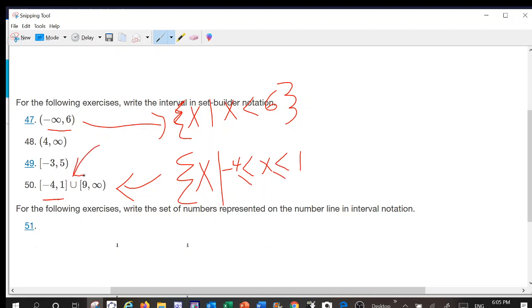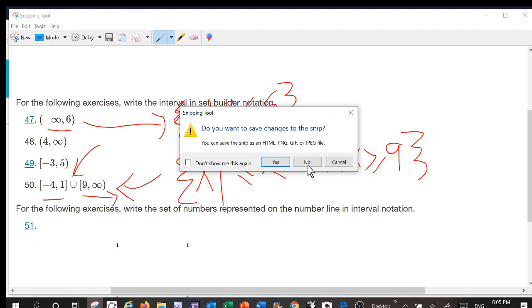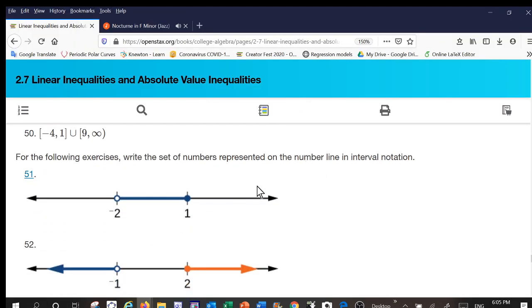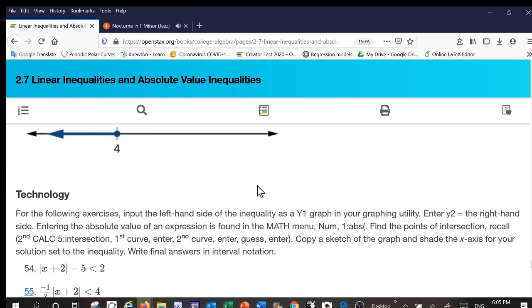And this one means or: x has to be to the right of 9 or 9. So that means x greater than or equal to 9. That's how we write it in set notation. And these are similar.